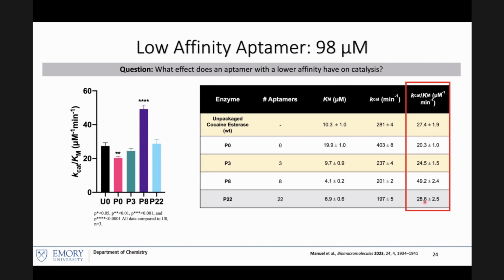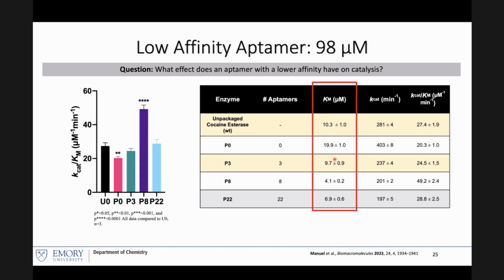We also notice that once we hit 22, this decreases. And I'm actually not very surprised by that because now you have so many aptamers that you're likely just outcompeting your enzyme. But remember what I wanted to say. We want to increase efficiency. So we do want this number to go up, but we want this to be strictly dependent on Km. How do we know that this is due to the aptamers?